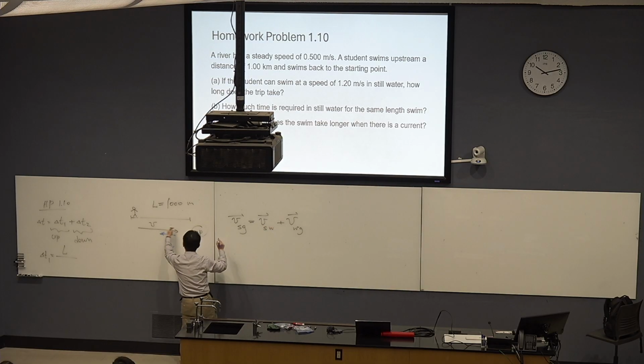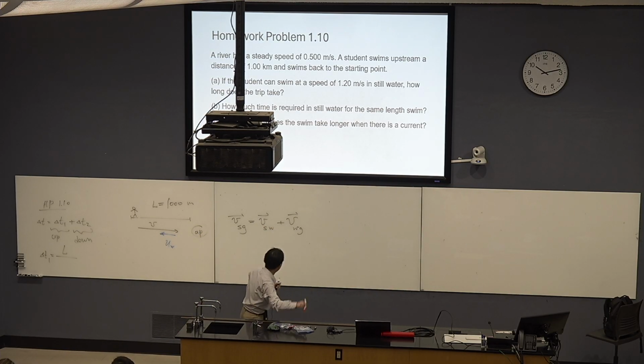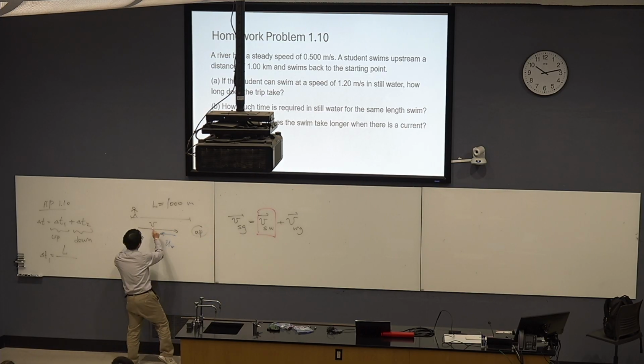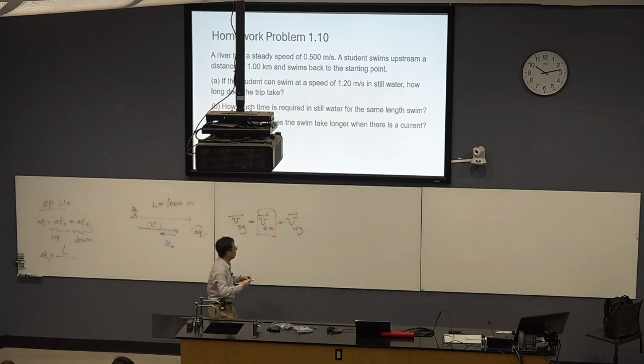So the V we have told you here was actually this V. The magnitude of this is the one I call V here. So this one I call V, student with respect to water. That's the velocity that is given in the problem, and that is what I call V here.